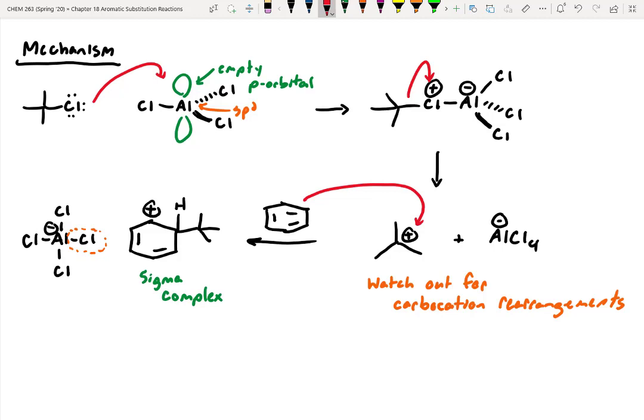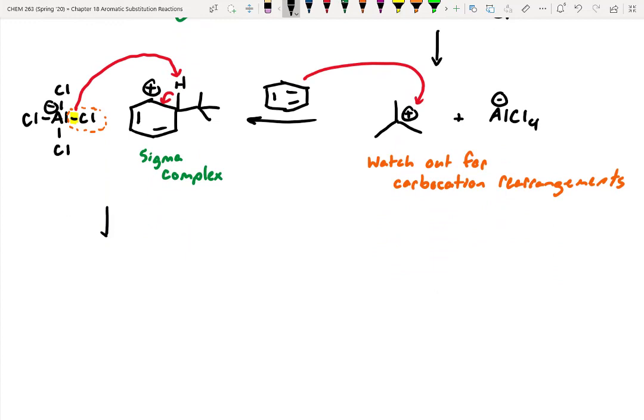This entire chlorine atom, along with the electrons from that bond, is going to act as a base, and I show that arrow coming from that bond to this hydrogen, and then we can clamp down and restore aromaticity. When we do this, we're able to install that tert-butyl group, and we're also going to regenerate this aluminum trichloride catalyst, and the byproduct in this reaction is going to be HCl, meaning the conjugate acid from that previous reaction.